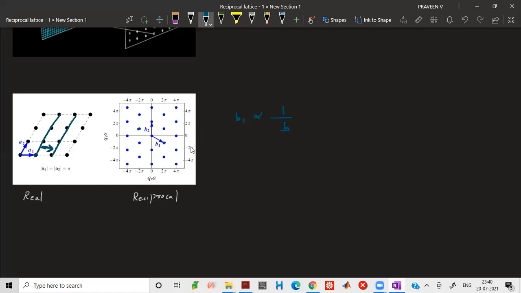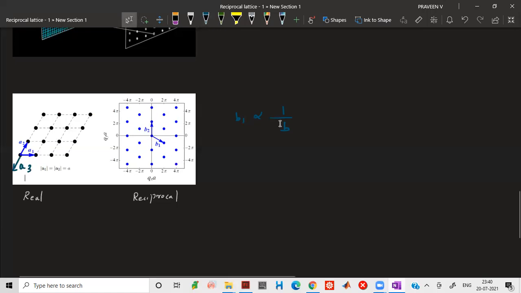So that means it will be perpendicular to A2. Okay. So the reciprocal lattice vector for separation vector A1 is aligned only in the direction of B1, and it's perpendicular to B2 and, if there is some other vector coming out in the third direction, A3, to B3 as well.